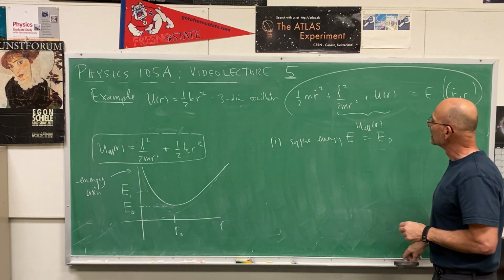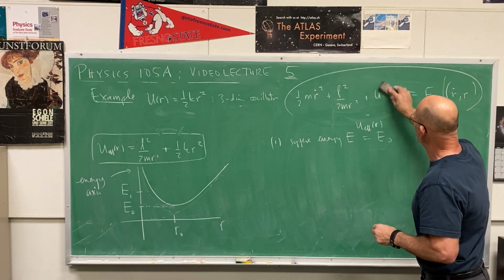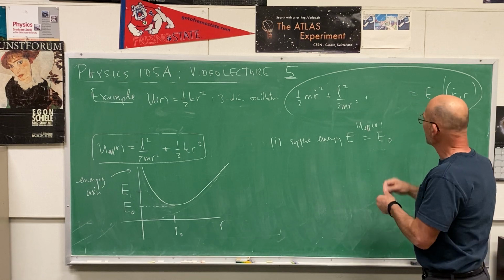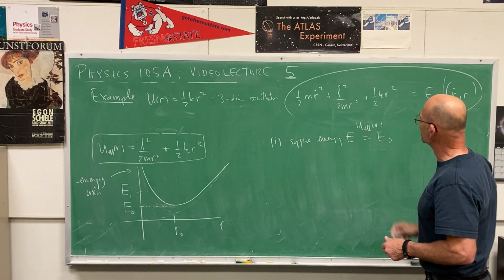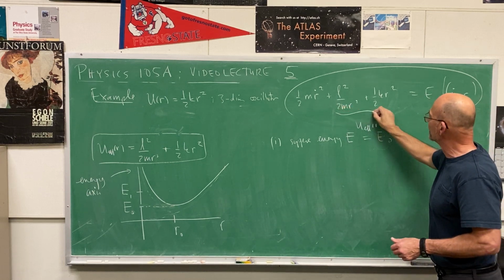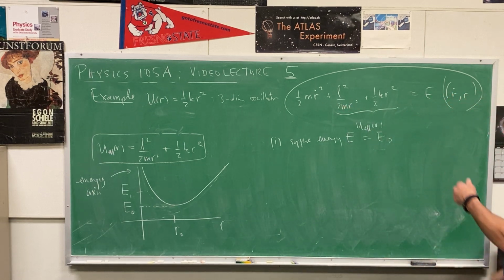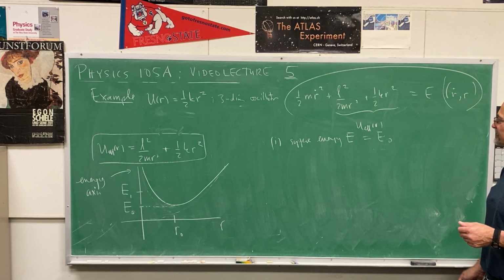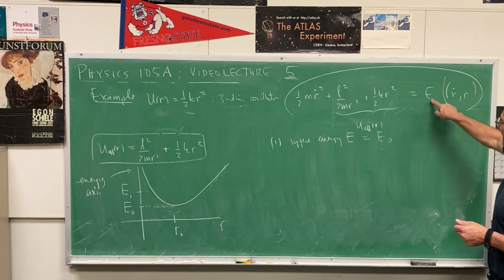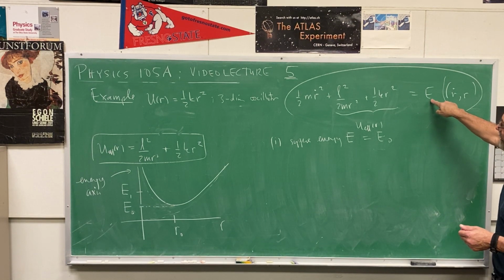Now, let's plug in our 1/2 K R squared. Okay, now we're really talking about that particular graph. So suppose energy E is equal to E0.